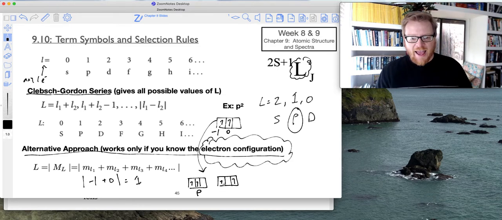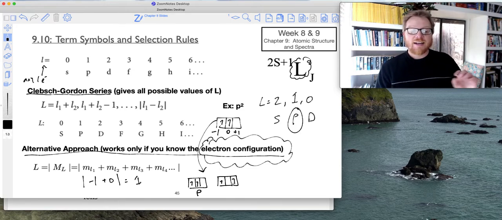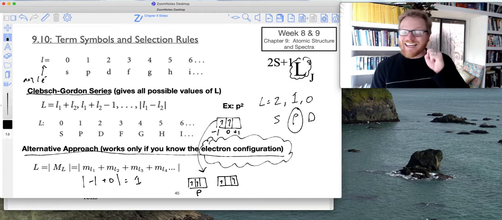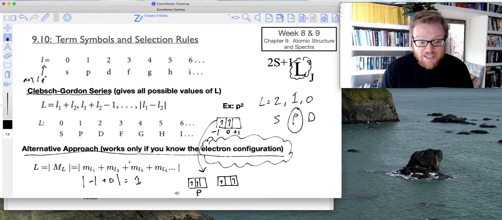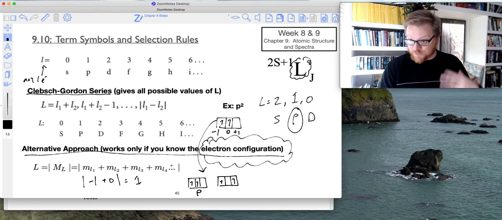Well, we would have, I'll finish labeling this, -1, 0, +1, all right? So this electron would be -1, and this electron would be +1. -1 plus +1 is 0, right? We don't take the absolute value until we do the final term at the end, okay?